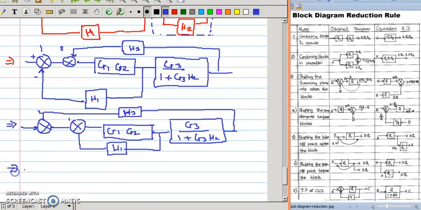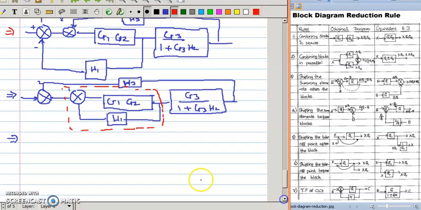Using that, we can reduce this block easily, by the elimination of feedback rule. So again the first mixer is as it is, and for elimination of feedback, the forward path is G1 G2 divided by, since this is negative, 1 plus G1 G2 H1, right?